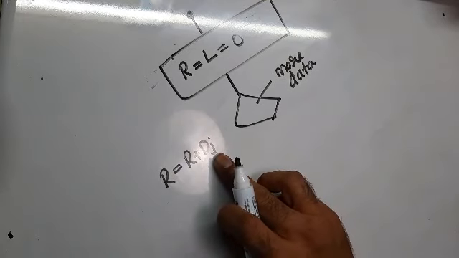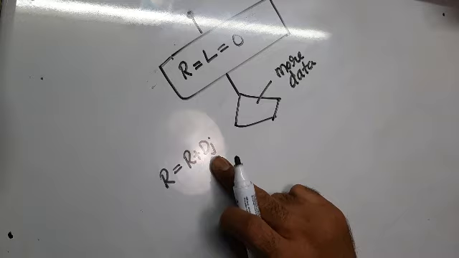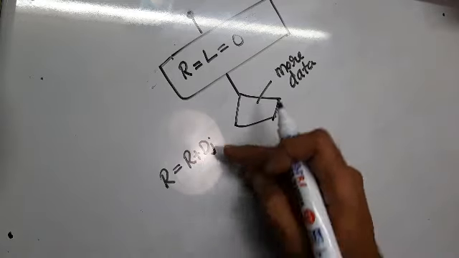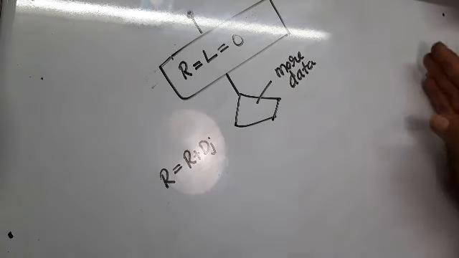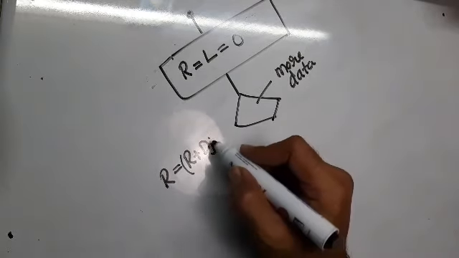J here indicates the jth data word. Initially we start with the first data word, then the second data word, and so on. My message got divided into J 8-bit words. So this gets added.